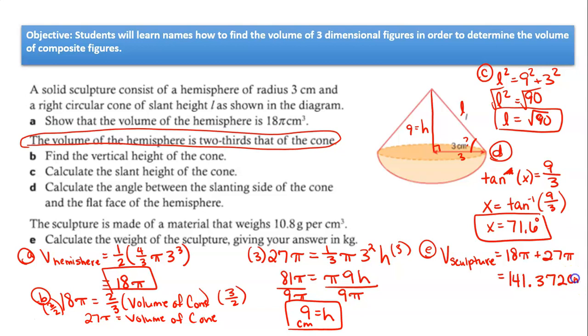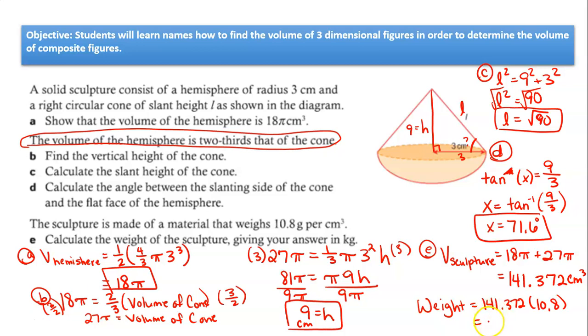And that's centimeters cubed. So if the whole volume is that many centimeters cubed, and each centimeter cubed weighs 10.8 grams, then the weight is going to be that volume times 10.8. And the weight is in grams per centimeter cubed, so it's going to be in grams.